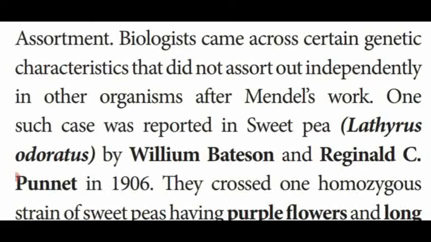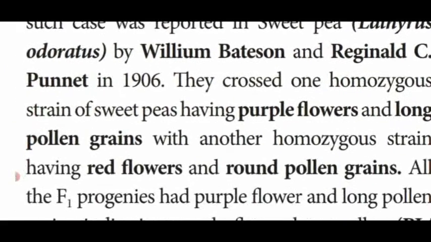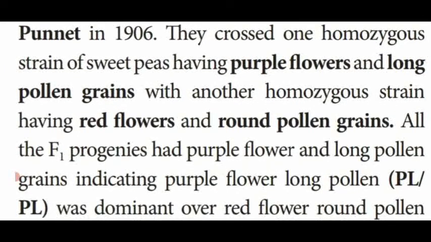This point was proved in the garden pea plant named Lathyrus odoratus. Dear students, these two scientists crossed one homozygous strain of sweet pea having purple color and long pollen grains. Kindly note that.